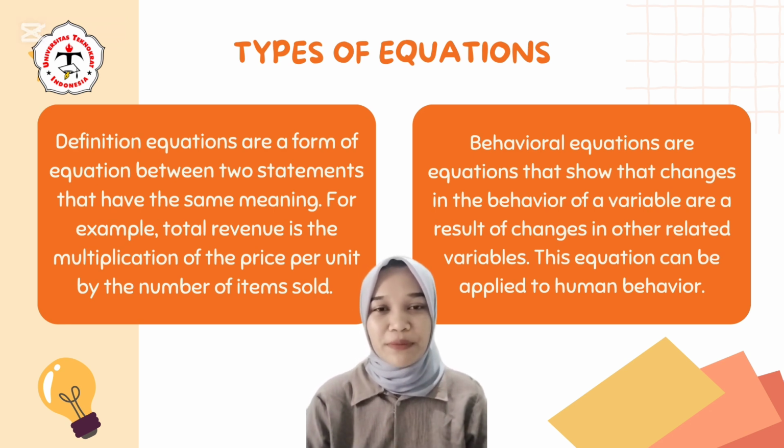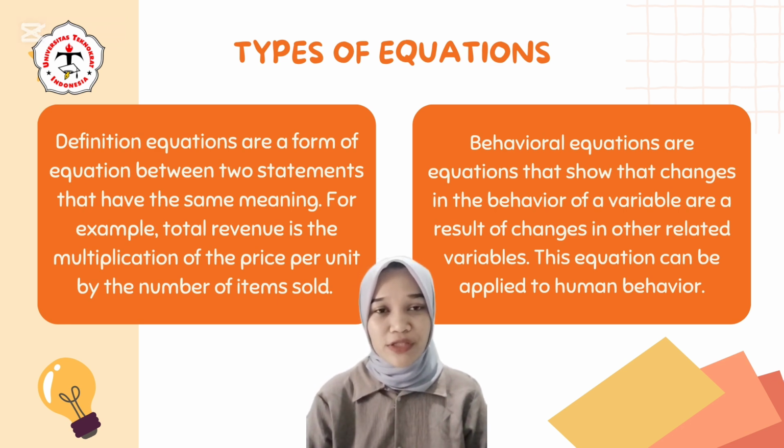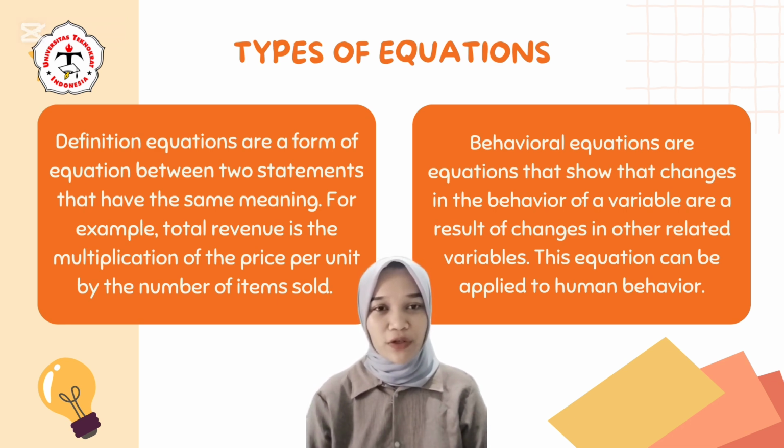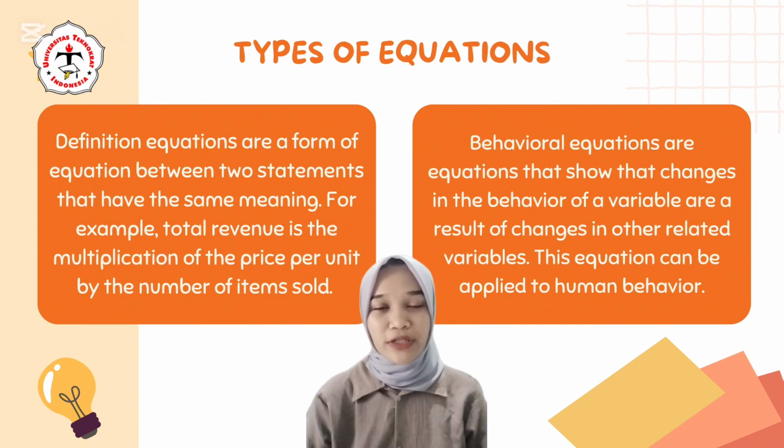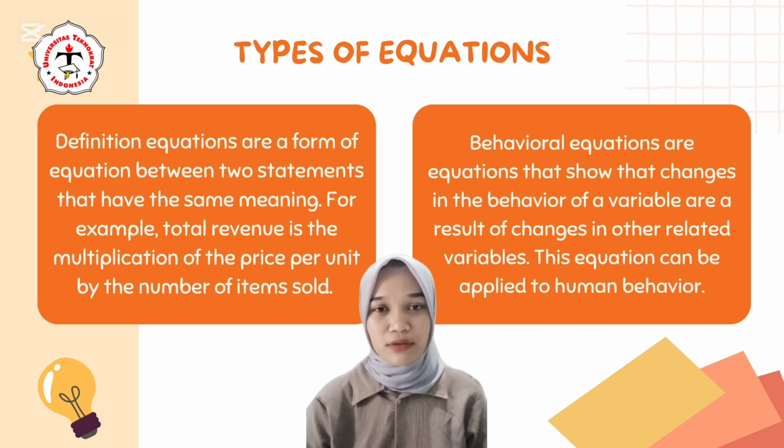Number 2, behavioral equations are equations that show that changes in the behavior of a variable are a result of change in other related variables. This equation can be applied to human behavior.